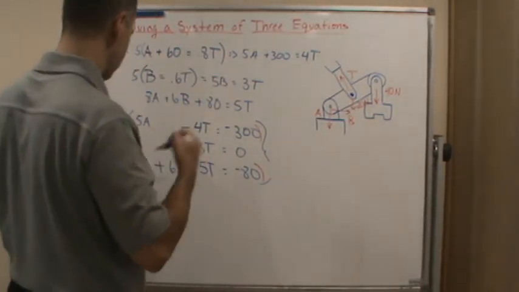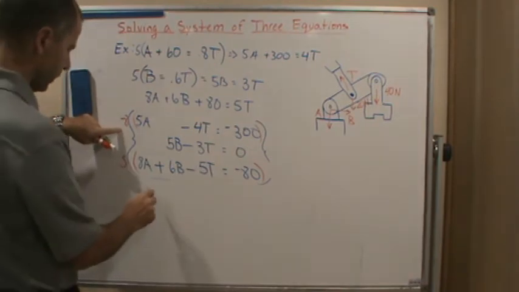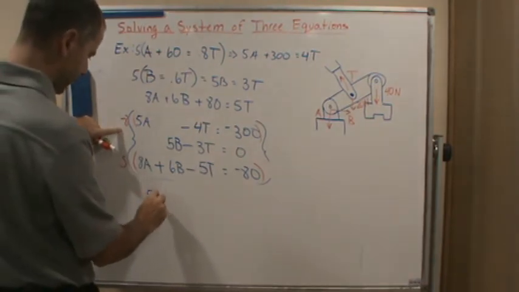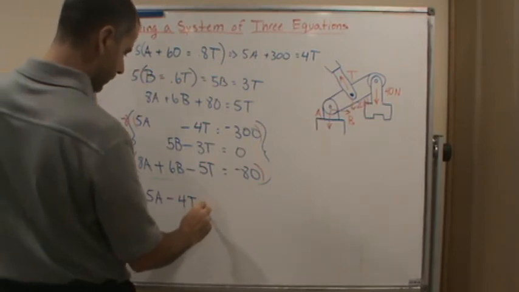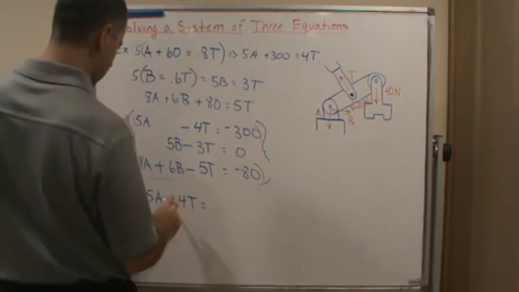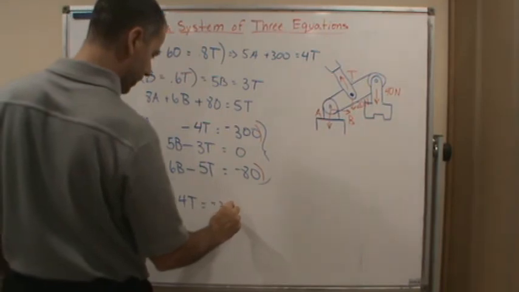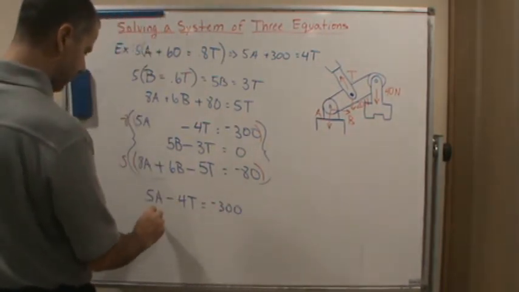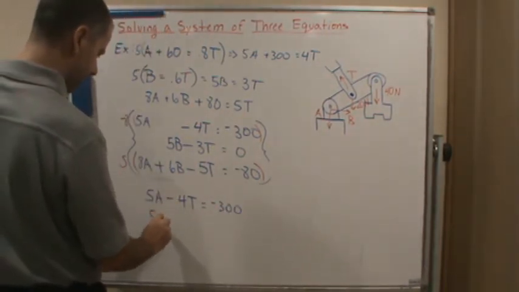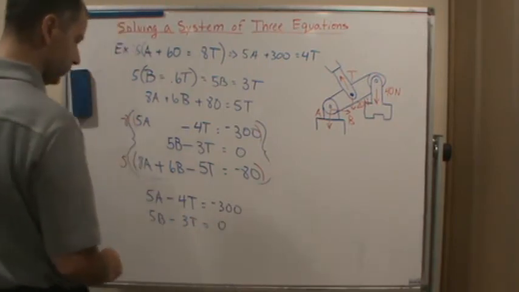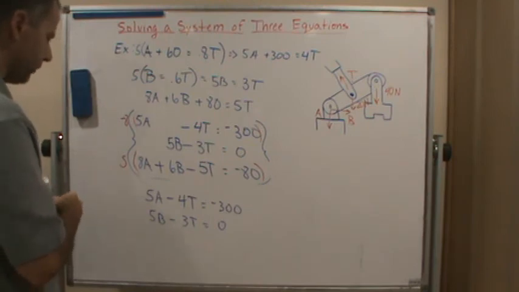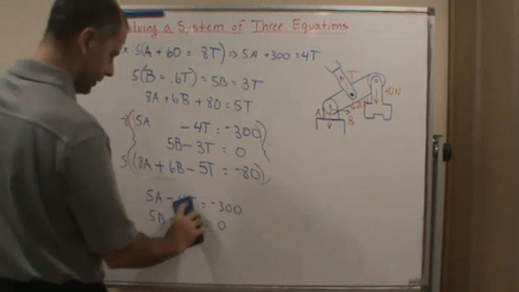So all we're going to do is use this one here, so 5A minus 4T equals negative 300. And we've got 5B minus 3T equals 0. And so all we have to do is substitute in for T, and T is 80.